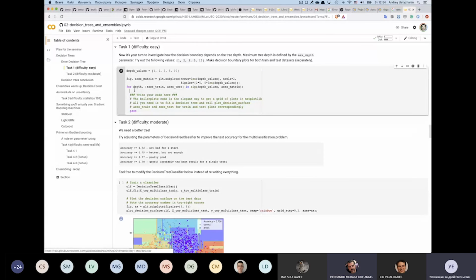So we create an instance of the decision tree classifier with max depth equal to depth.